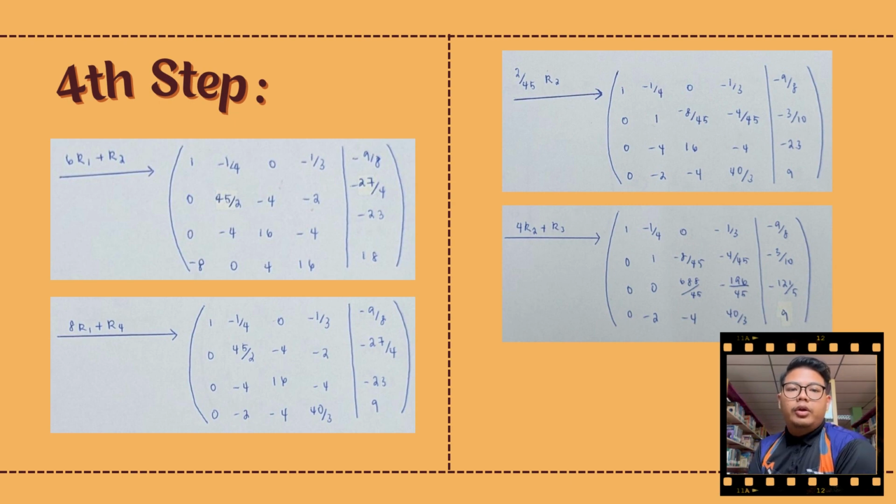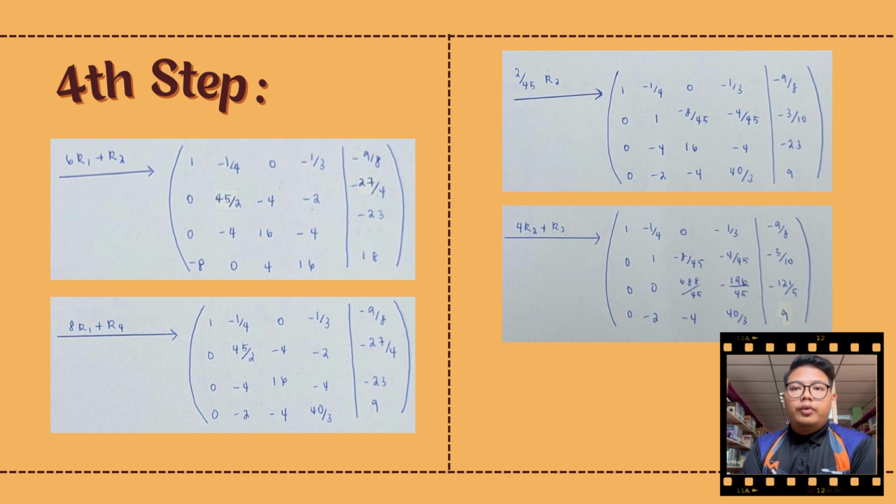After that, in the Gaussian method, we need to make sure that the values below the leading one are 0. So we need to remove all the values below the leading one. The next step: 6R1 plus R2, and it will be 0, 45 over 2, negative 4, negative 2, negative 27 over 4.